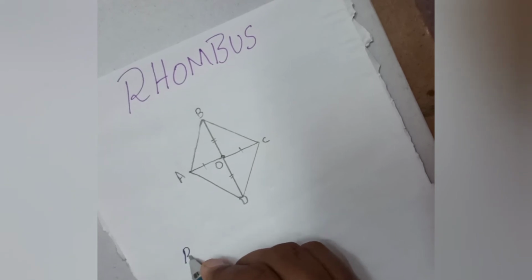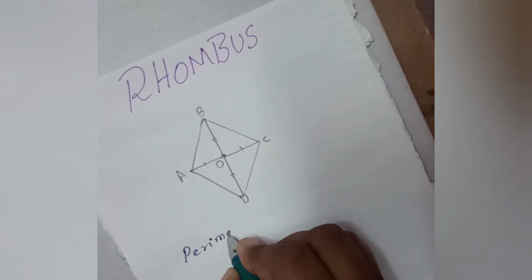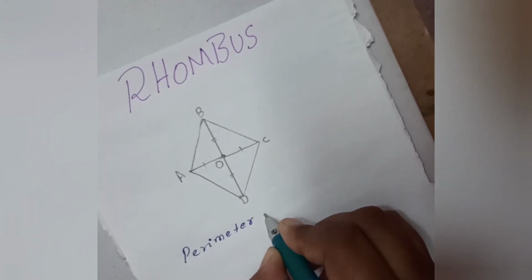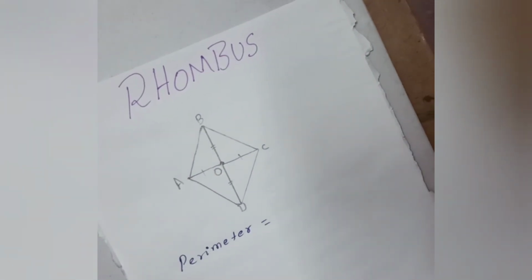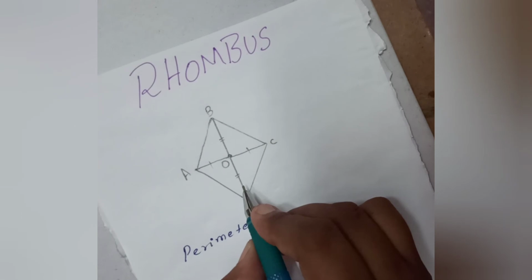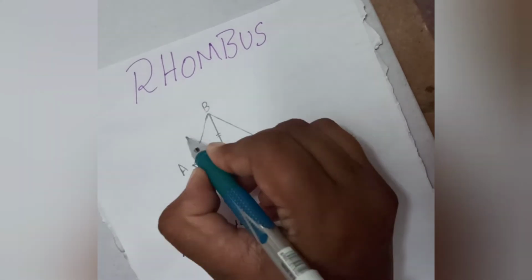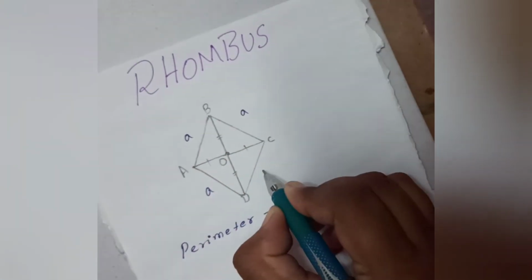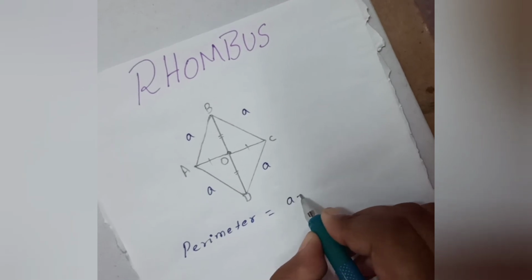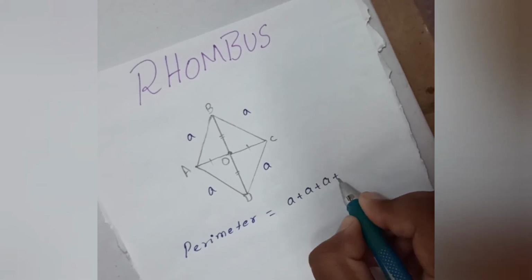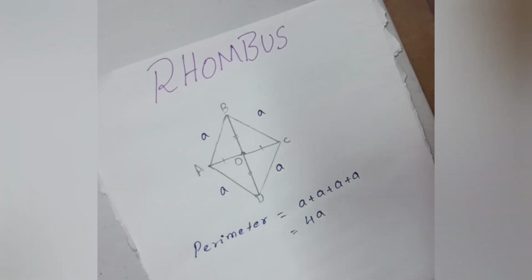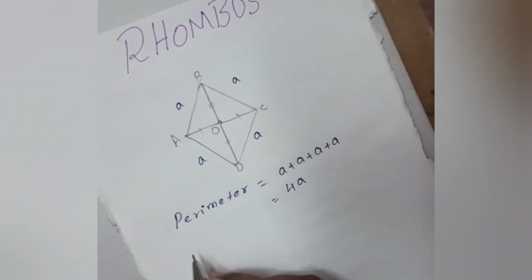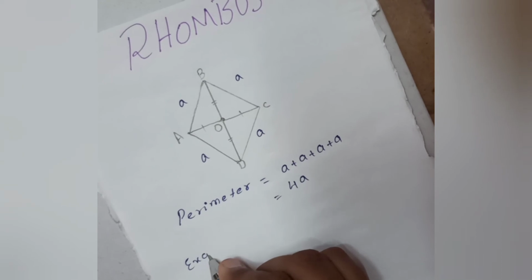So what is the perimeter? It is the combination of all the sides. Here all sides are equal. So if this is A, this is also A, this is also A and this is also A. So A plus A plus A plus A is equal to 4A. Yes, it is like a square.